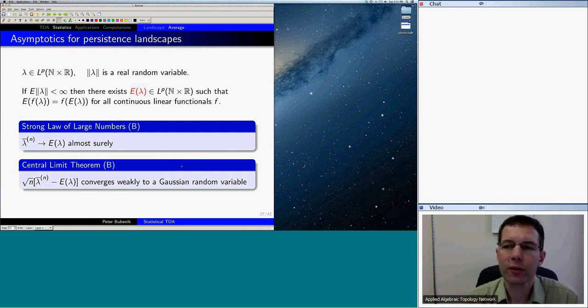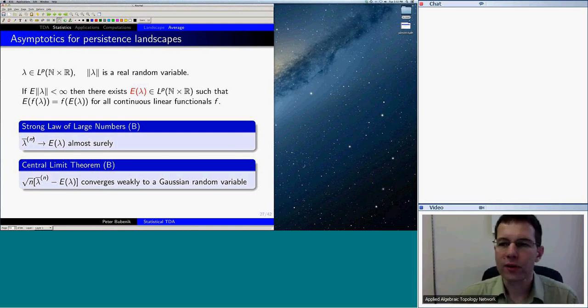In particular, it turns out that in a separable Banach space, if the expected norm of your random variable is finite, then there's a special point in your Banach space, this E of lambda, which is the mean or expected value of our random variable. And it has a wonderful property, which is that if we project down to the real numbers by any linear functional, and think of that now as a real valued random variable, it's the exact same thing as just projecting down that special point from our Banach space.